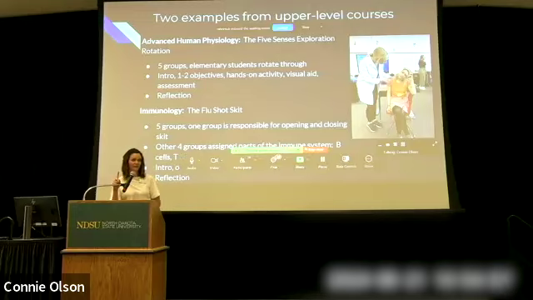They also need a hands-on activity that they do with the students, a visual aid, and a very brief assessment at the end to see if the students actually learned what the college students wanted them to learn. So they get some feedback from the elementary students on their teaching ability. And then we do a reflection, and we'll talk more about the importance of that in a little bit.